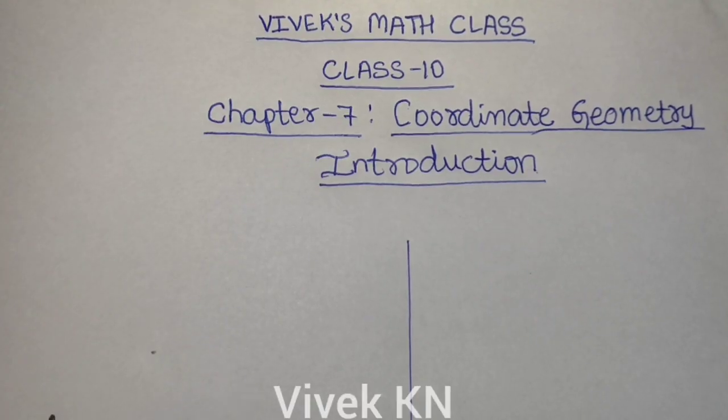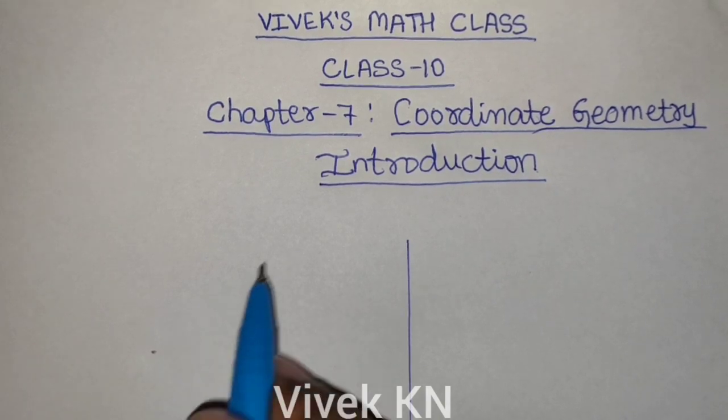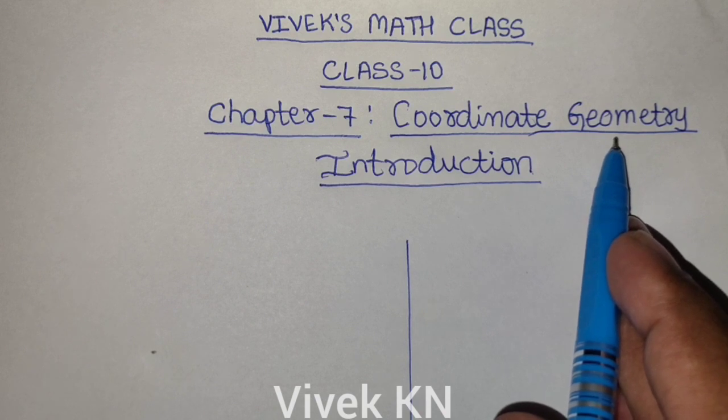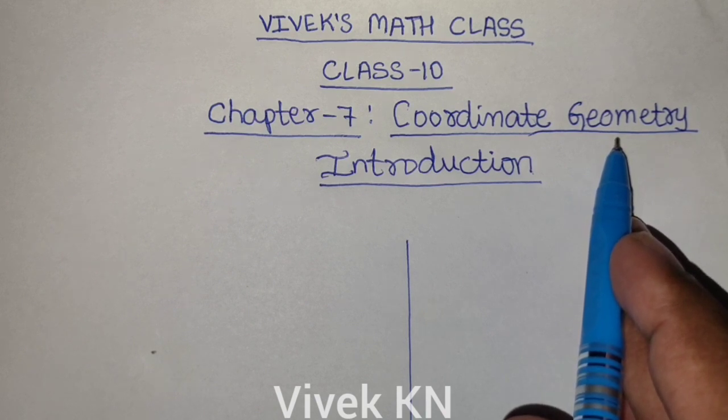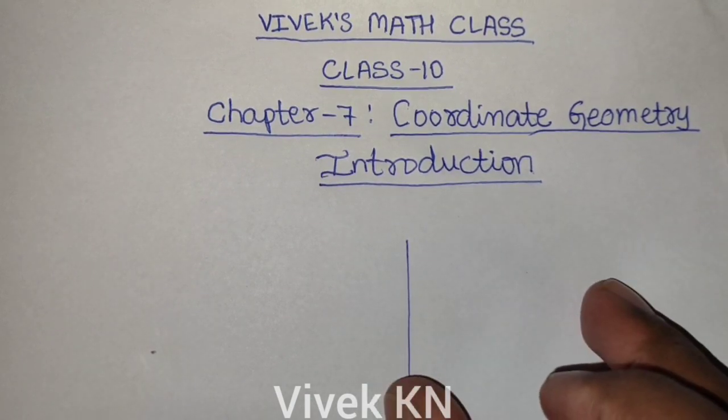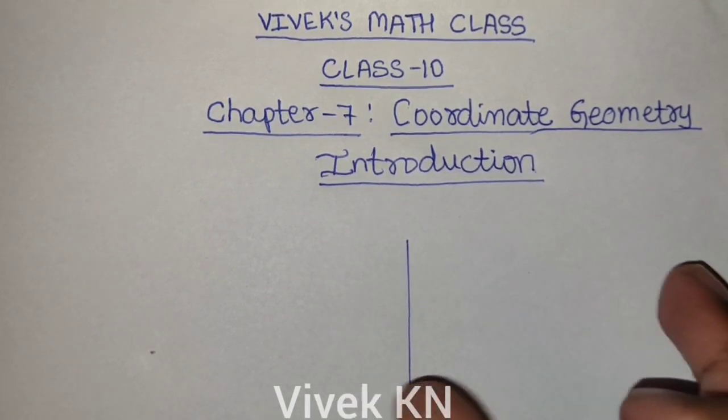In this session, we are going to learn the basic concepts related to coordinate geometry. In class 9, you have studied that to locate the position of a point on a plane, we require a pair of coordinate axes.